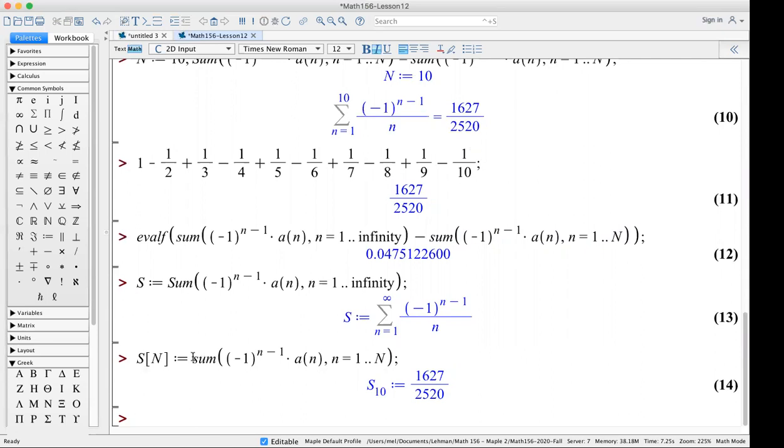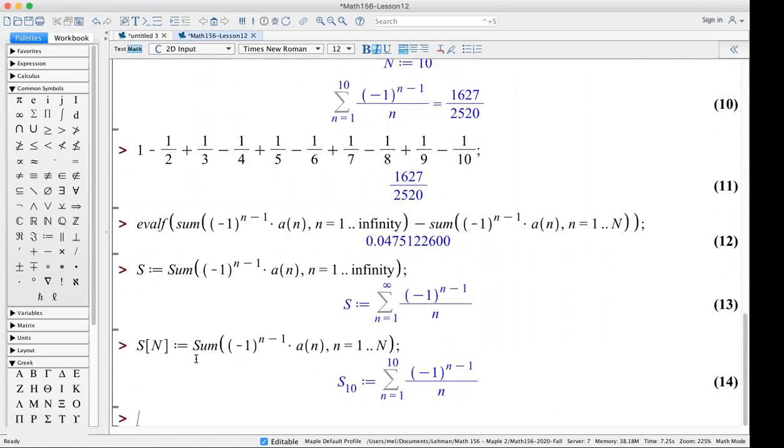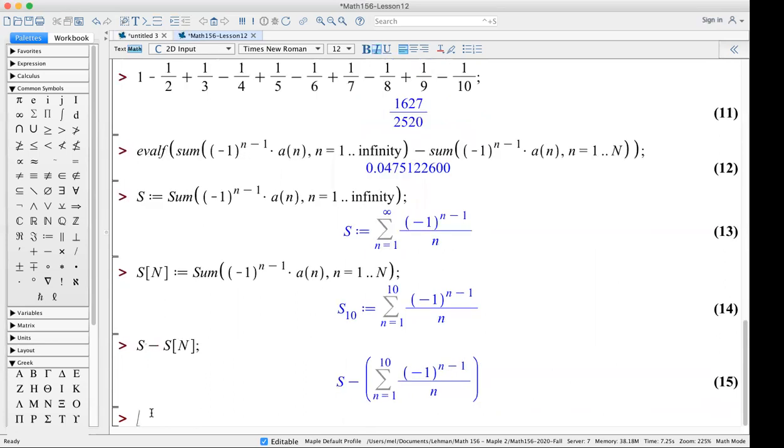Let me write this as capital S. So this is the infinite series. This is the first capital N terms. This is the difference. Let's see if I can evaluate that.